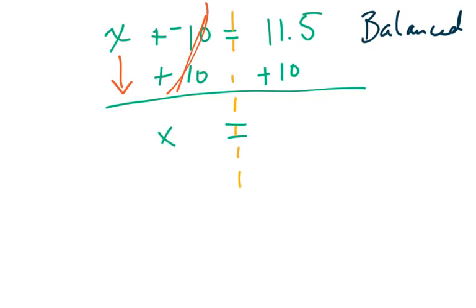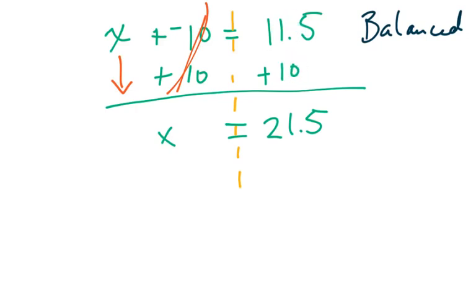And then I bring the x down, x equals, and then 11.5 plus 10 is 21.5. And you can use a calculator there. That's totally fine. The skill that you need to know is the inverse and the alone and the brick wall. You can use a calculator for this part.